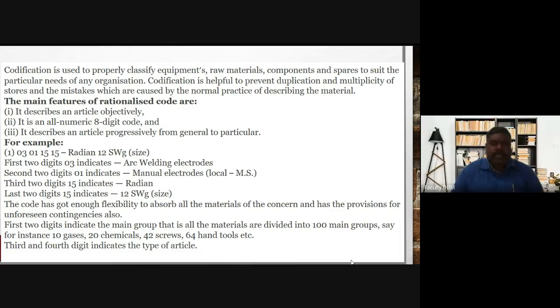The third and fourth digits indicate the type of the article. So in this example, if you give 03, 15 and 15, it indicates radian 12 SWG, which is the size. In every codification of any product, they come out with numeric digits, the 8 digits, and then it will be coded like this.